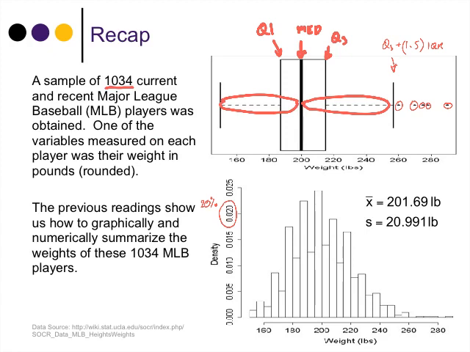So there we're numerically summarizing the weights of these players, and we're also presenting a histogram, where we're looking at their weight in pounds and what percentage of players, what's the relative frequency of players, have that weight.